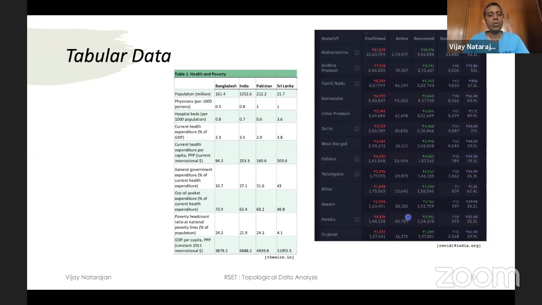These come to us as a collection of records, where every record has multiple attributes. So for example, in the case of Bangladesh, you have multiple attributes like population, the number of physicians per 1,000 people, hospital beds, expenditure, and so on, right? And this is one data point. Similarly, the other data points are the other countries.